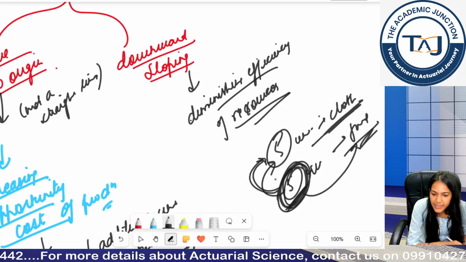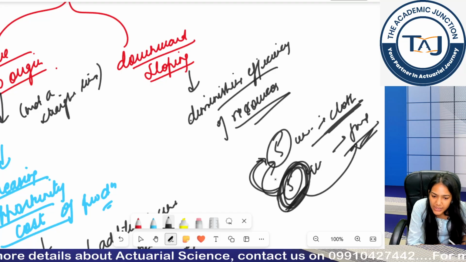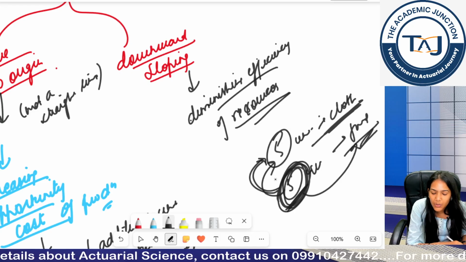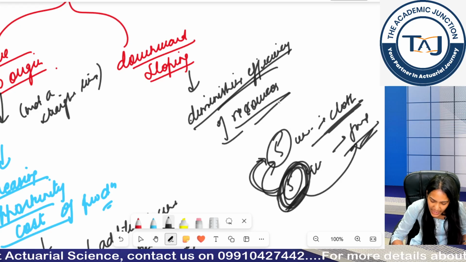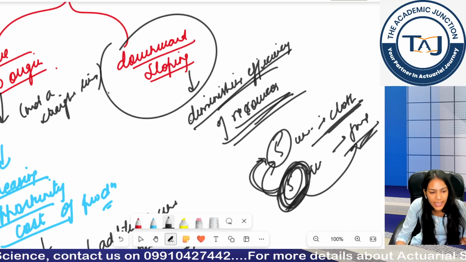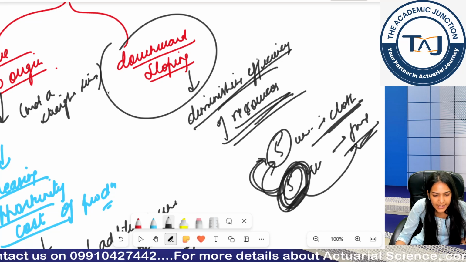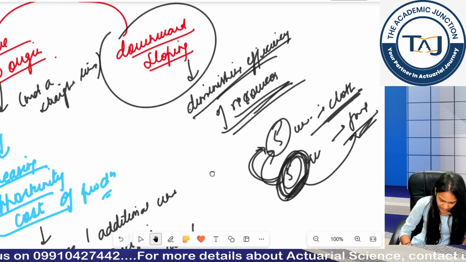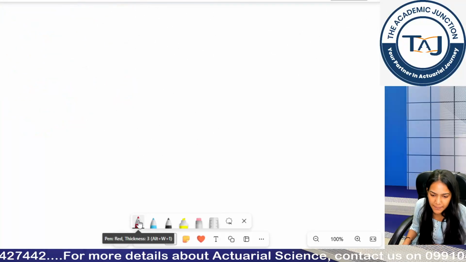Obviously his or her efficiency would reduce, and he would be able to produce fewer units in total as compared to someone who specializes in that. This is called diminishing efficiency of resources, and due to this we have a downward sloping line. Okay, is this clear? So these were the two properties of PPC.